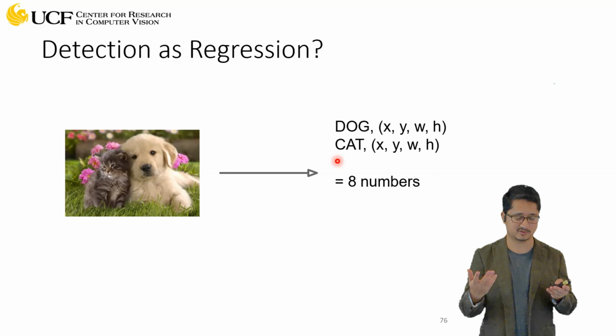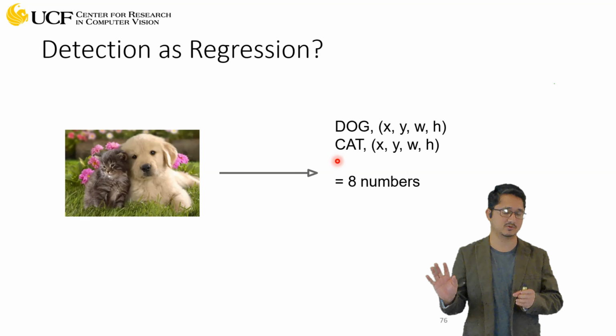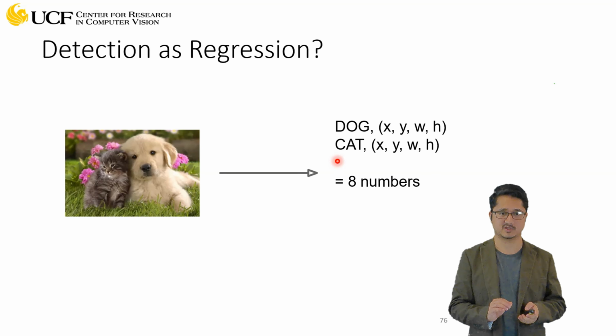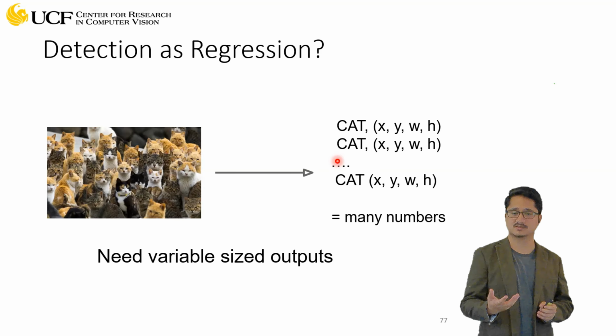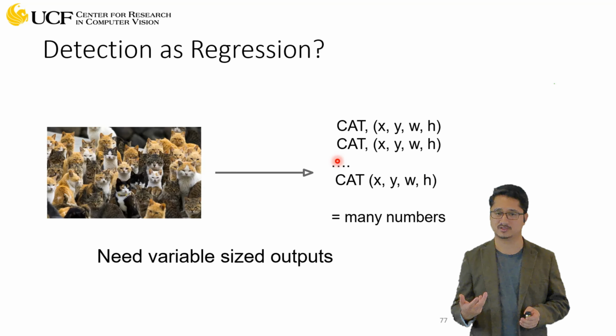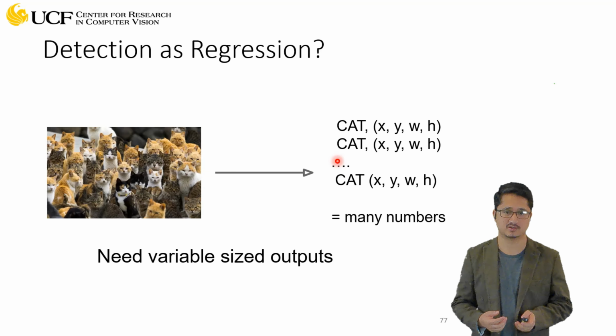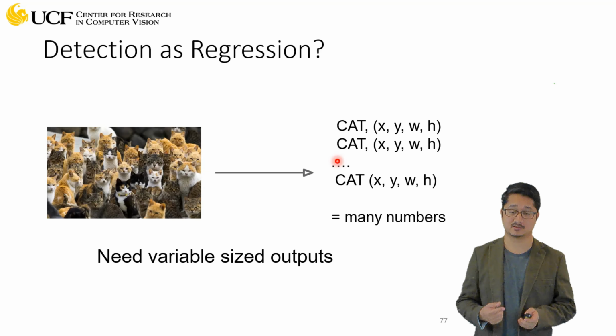Probably one day we'll come up with architectures which are flexible, but we don't have that today. So with detection, we need something where the output is actually varying a lot. It's not just having multiple instances for each object category, but also having multiple objects itself.